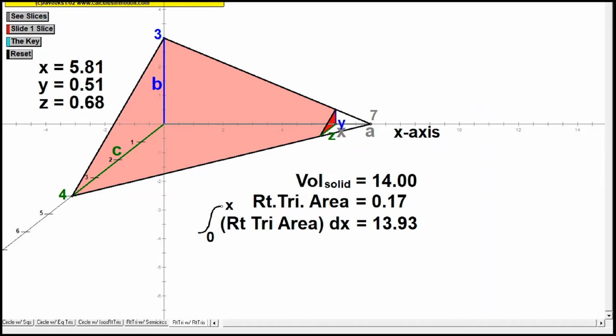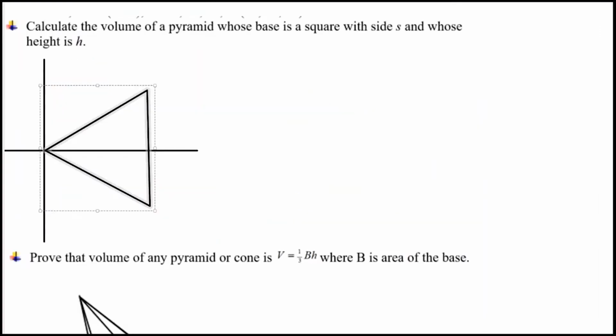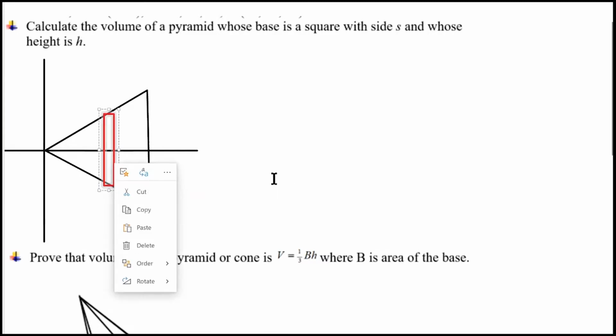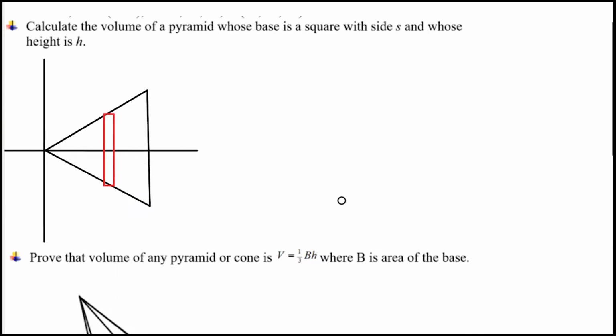Okay, now we'll go back to our notes. So if we create a rectangular slab with a square looking thingy, I'm going to draw it right there, right? So this is the x, and this, we'll call S. Good.